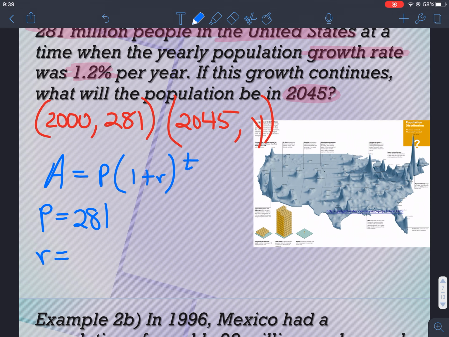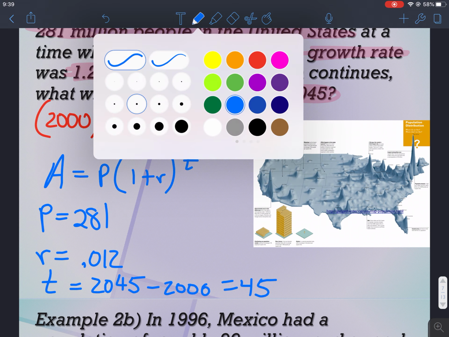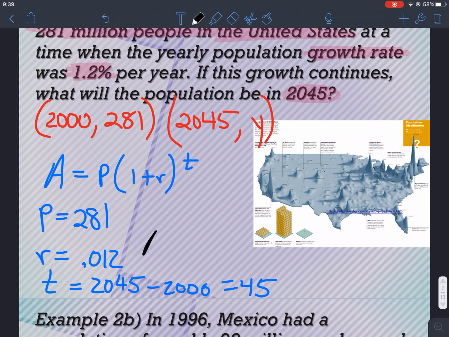The interest rate, if you will, is 0.012. So that means our growth rate should be 1.012. And then t is going to be the year 2045 minus 2000. And that's 45 years. Let's see what we get.